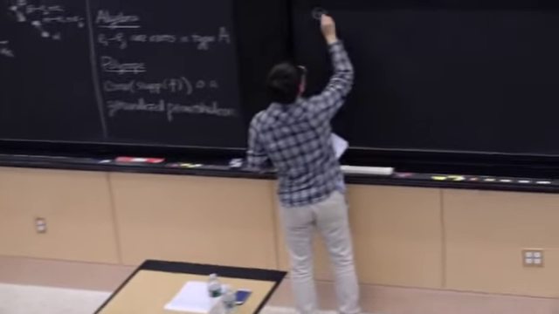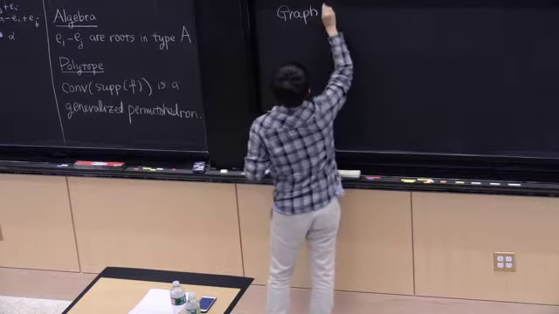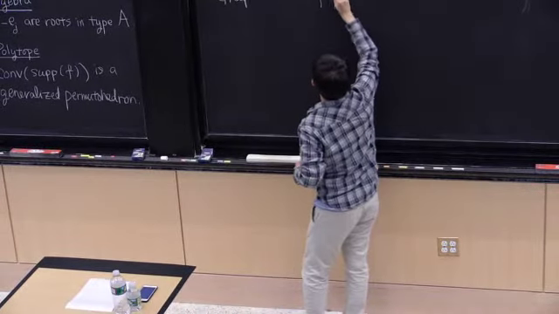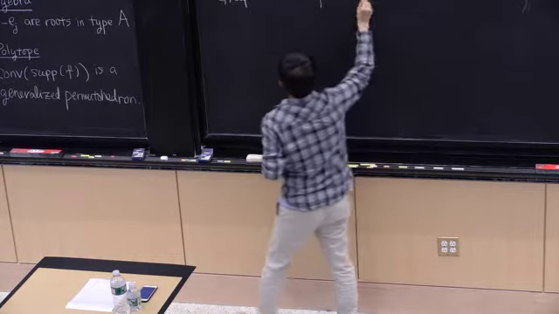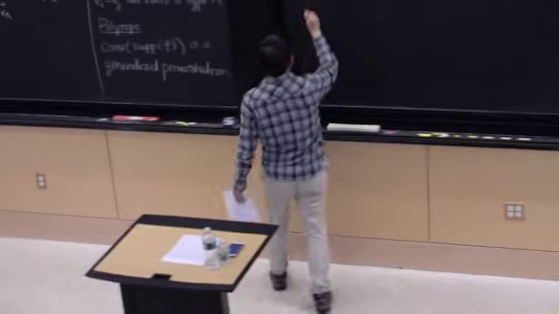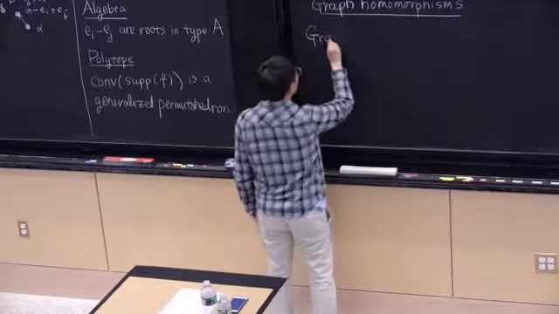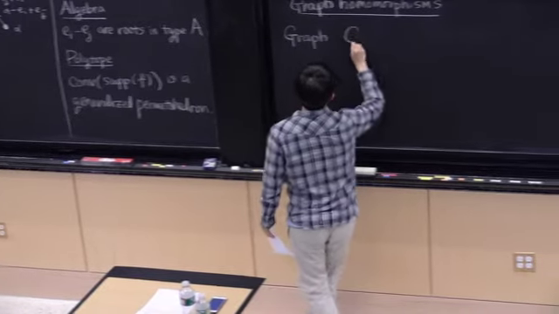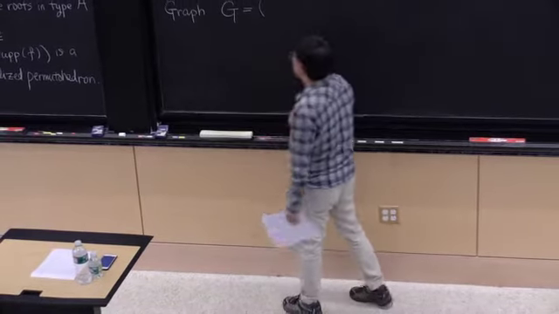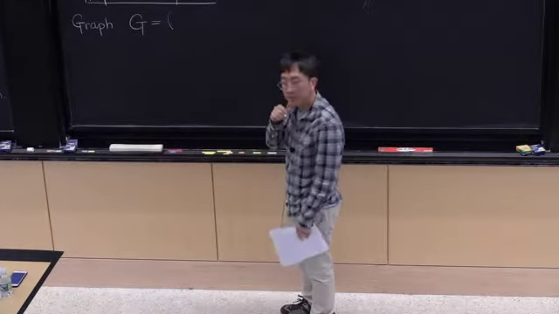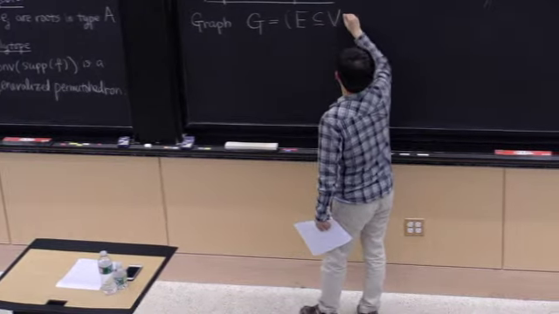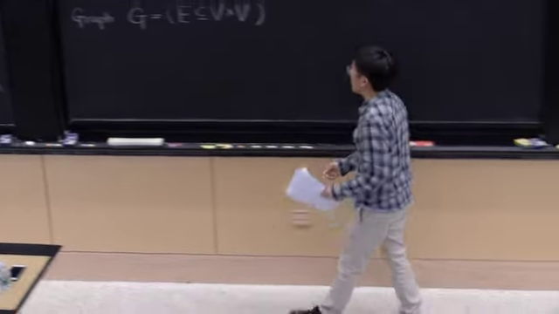So the first comes from graph homomorphisms. And I'll tell you later why this is so type A. So let's start from a graph. Maybe G. And let me view it as a pair of sets, edges and vertices, where the set of edges is a subset of the product of vertex sets.